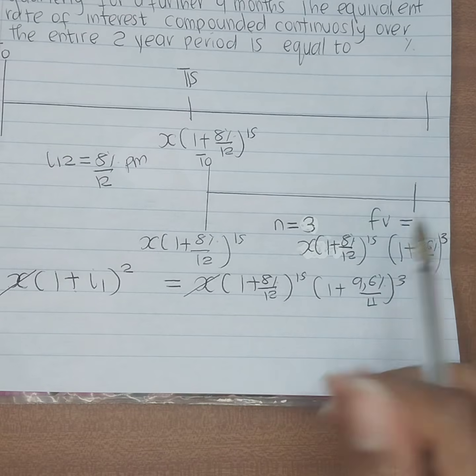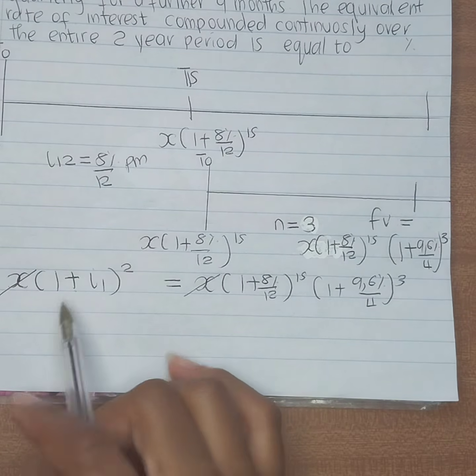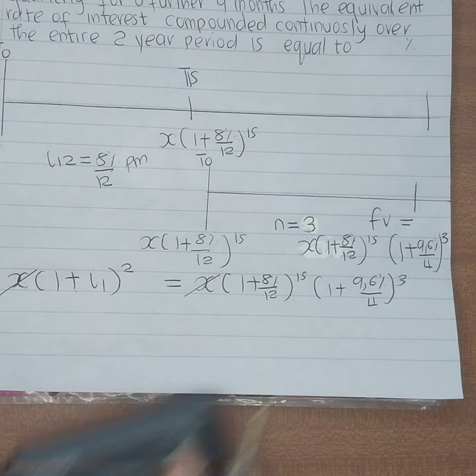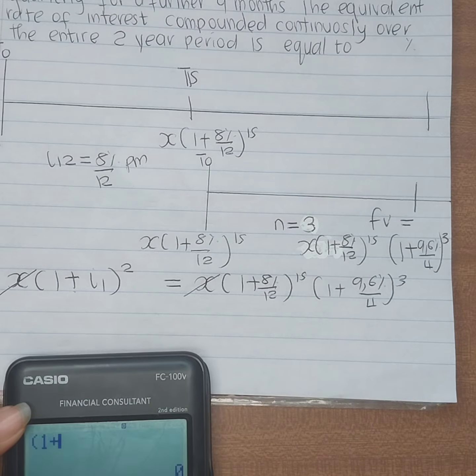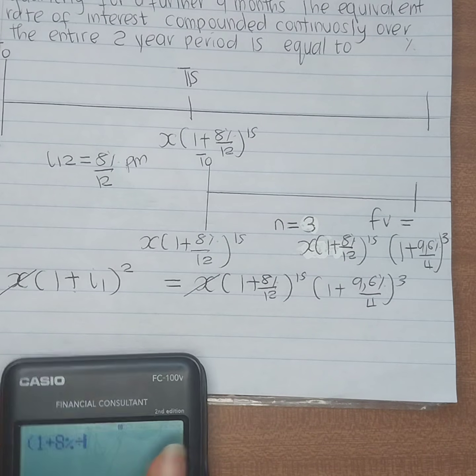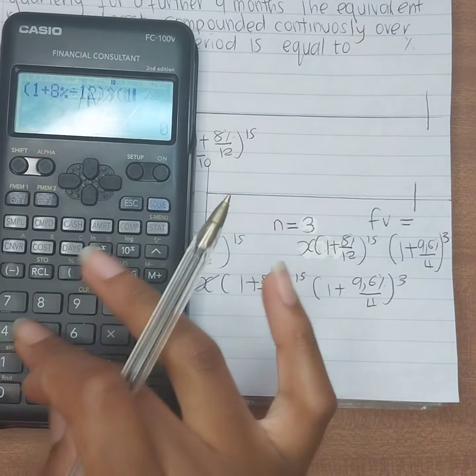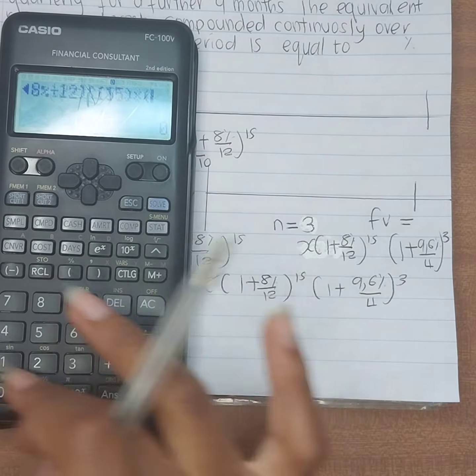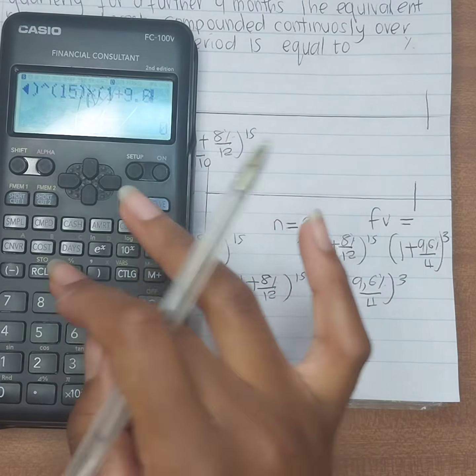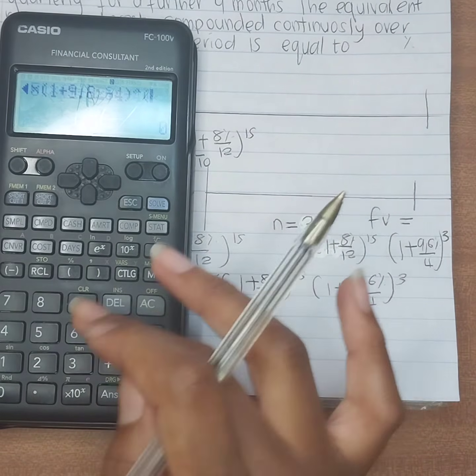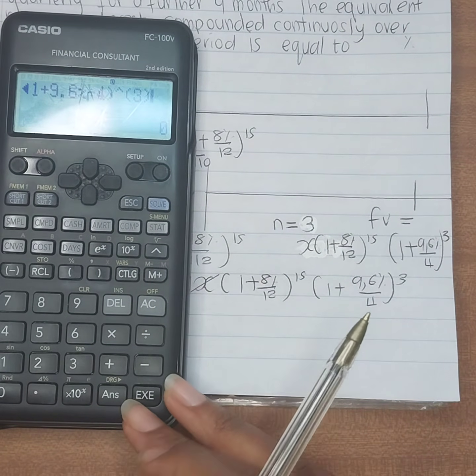And then, yeah, so you can solve for I2. So you will have 1 plus 8% divided by 12 to the power of 15 times 1 plus 9.6% divided by 4 to the power of 3, right?